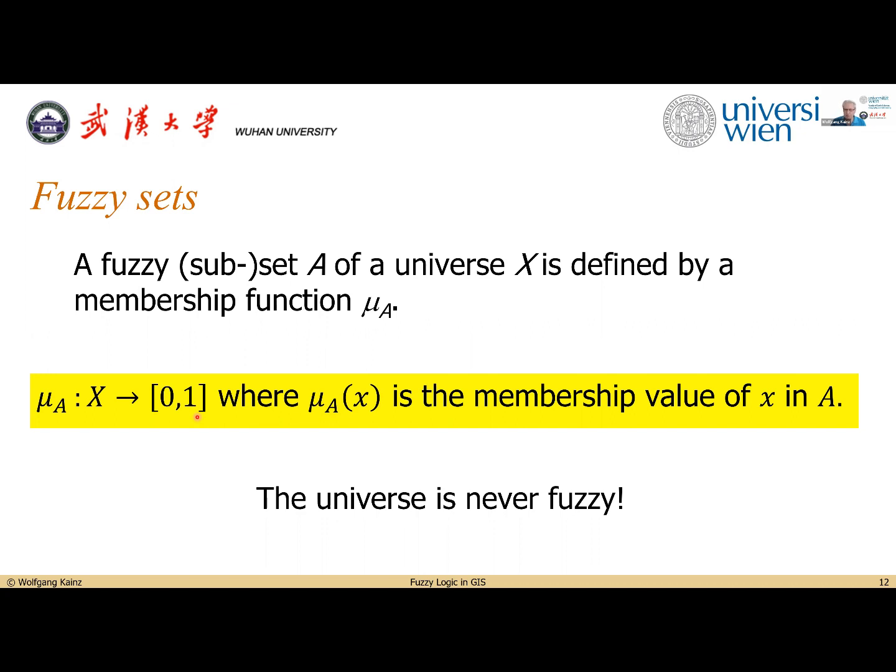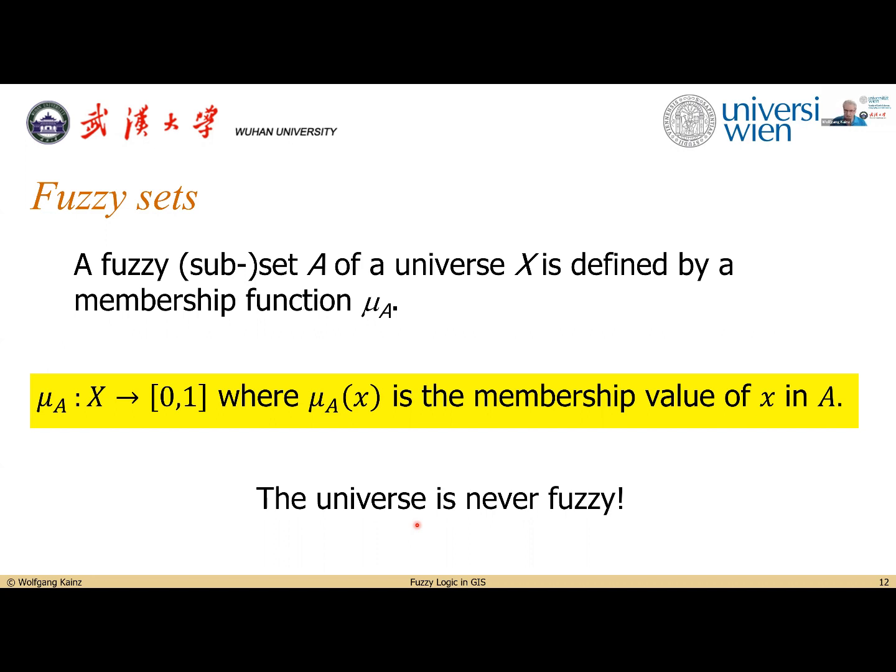So we will talk about membership functions very soon and which criteria a membership function must satisfy. There is just one simple statement: the universe or the universe of discourse is never fuzzy, because every element belongs to the universe.